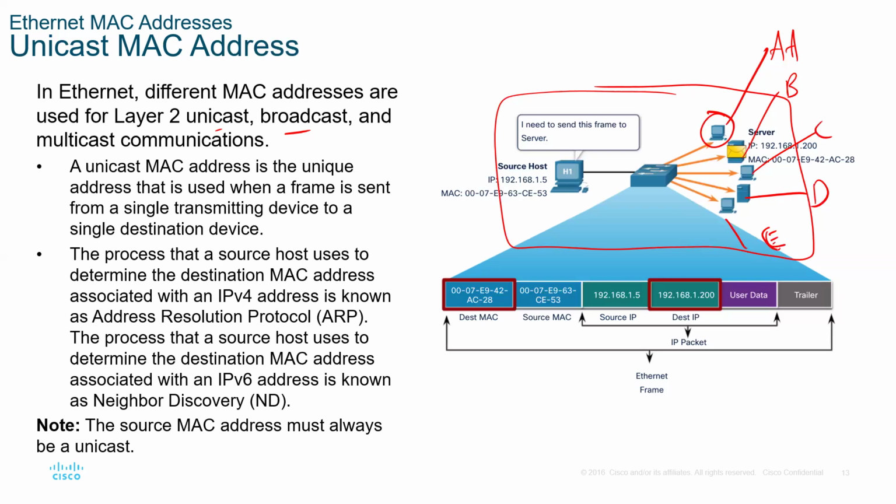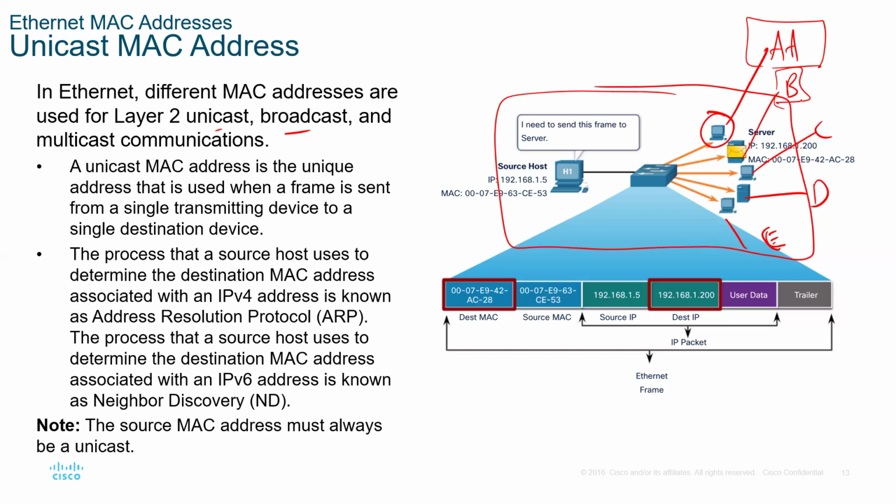So in the field with the destination MAC, what destination MAC address am I supposed to have? Am I supposed to send one by one up until I get to all these devices? No, that's not how it works. So we have a different type of address, which is called a broadcast address.